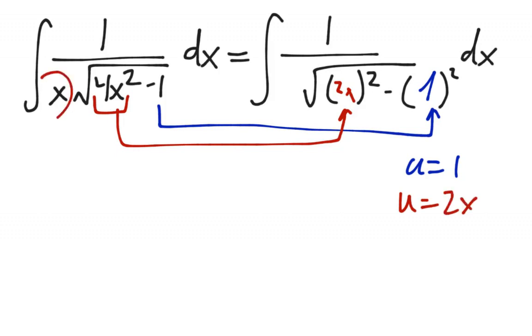Now, I have this x here, but that's not going to match the u. And so what I have to do is a doctor and counterbalance before I actually do the du part. So I need to put a 2 down here, and then counterbalance, this is really 1/2 because it's on the bottom, so I need to put a 2 on the top on the outside. Now I can do the du, and so the du is going to be 2 dx.